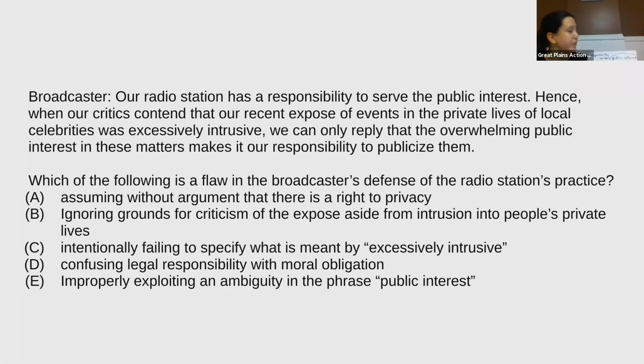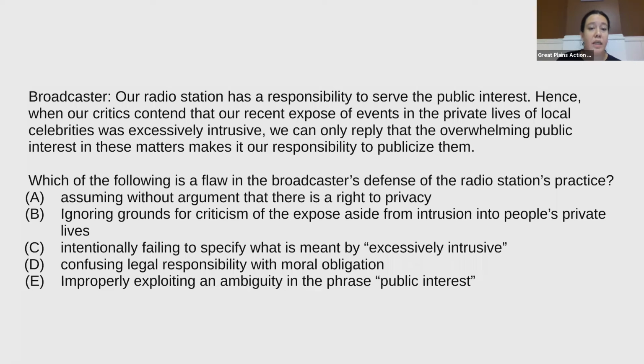So let's look at the options and see which indicates that the flaw is equivocation. Which of the following is a flaw in the broadcaster's defense of the radio station's practice? A, assuming without argument that there's a right to privacy. B, ignoring grounds for criticism in the exposé aside from intrusion into people's private lives.